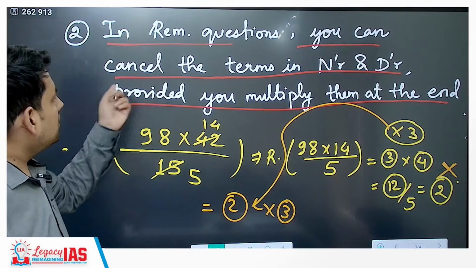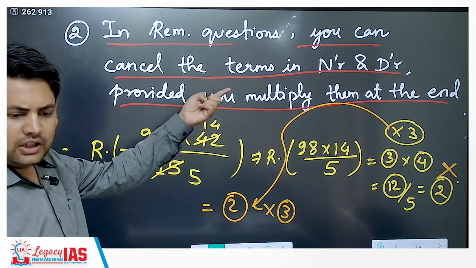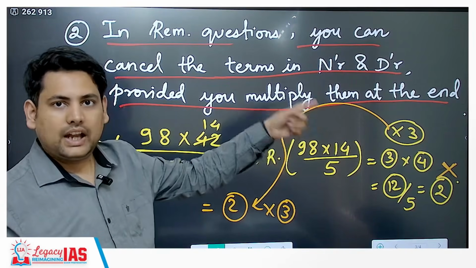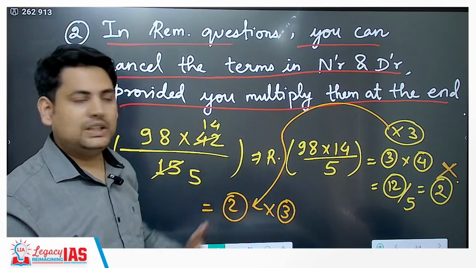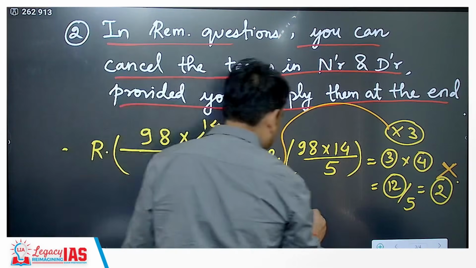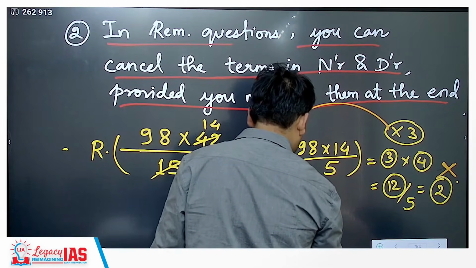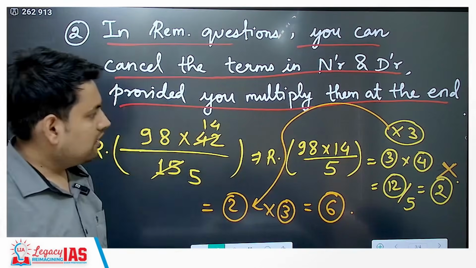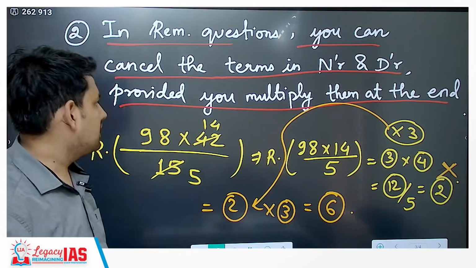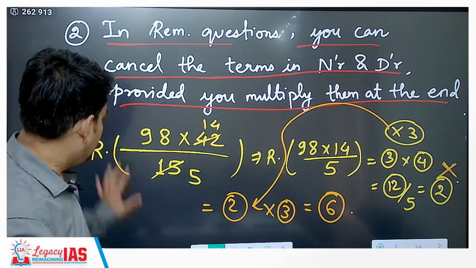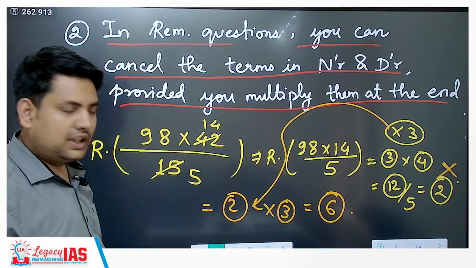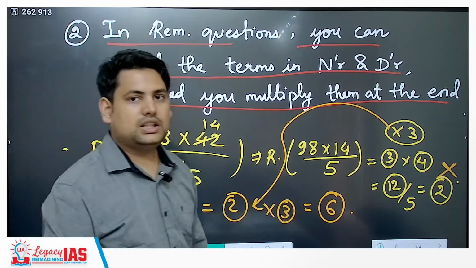In remainder questions, you can cancel the terms in numerator and denominator, provided you multiply them at the end. So 2 into 3 would be 6. Correct? Now this is the remainder when 98 into 42 gets divided by 15, it leaves remainder 6.